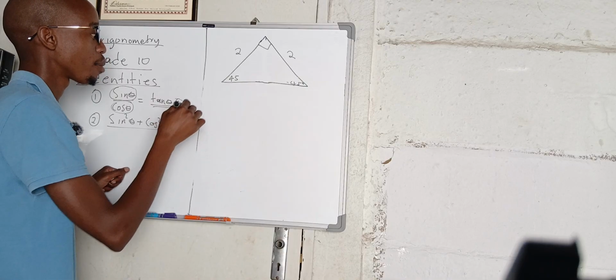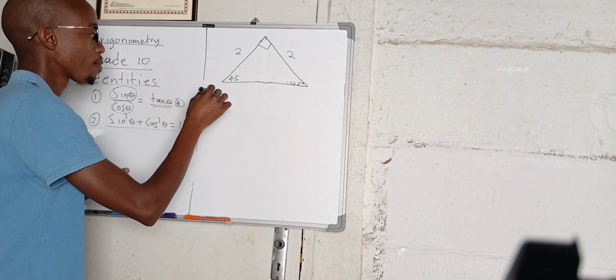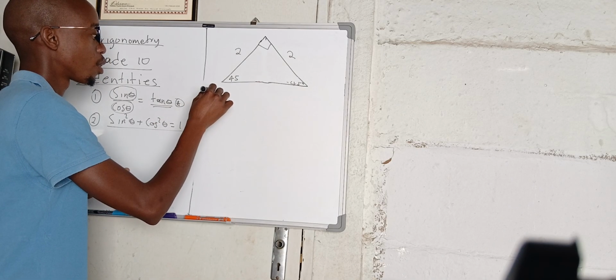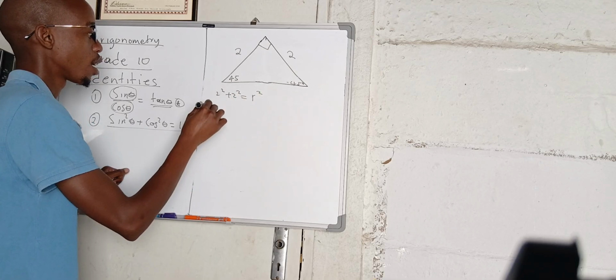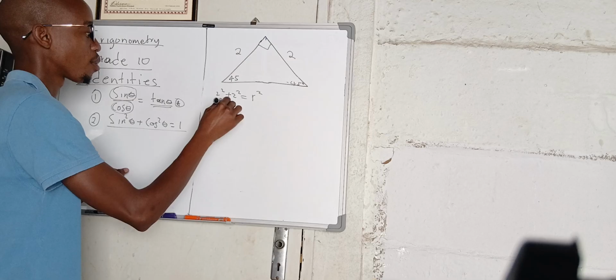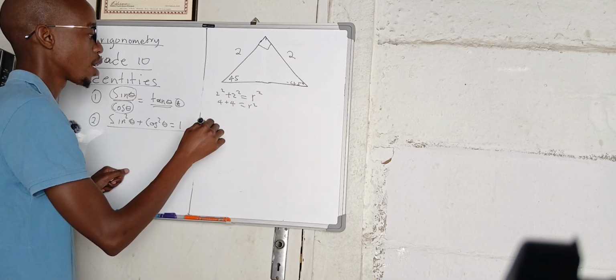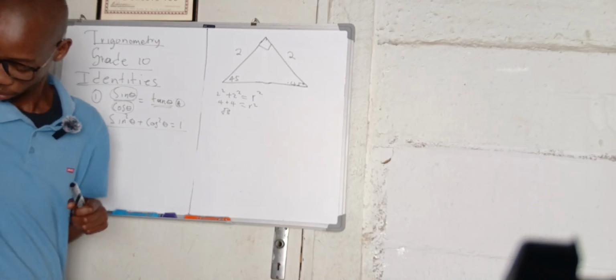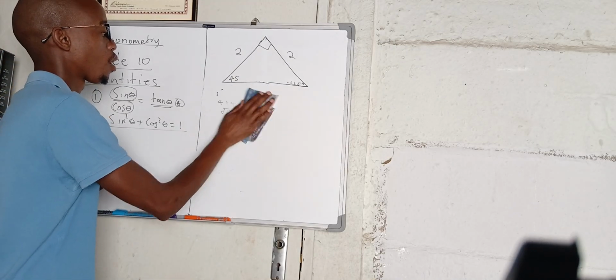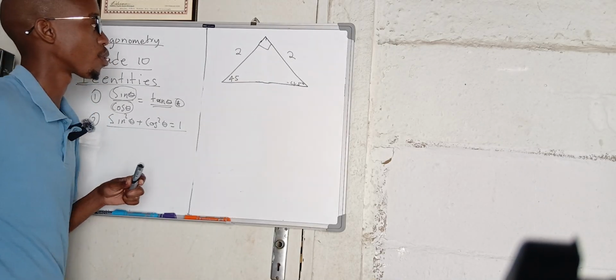If I find the hypotenuse, I'll end up having 2 squared plus 2 squared equal to r squared. This is going to be 4 plus 4, which equals r squared, and this is going to be root 8, which is wrong.